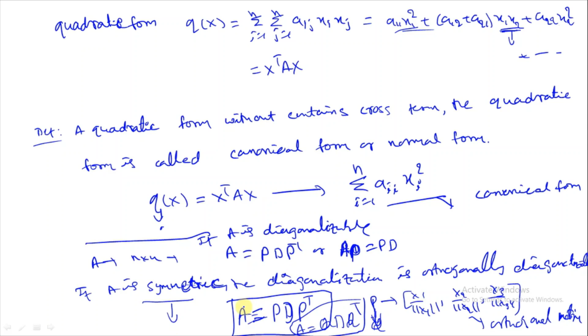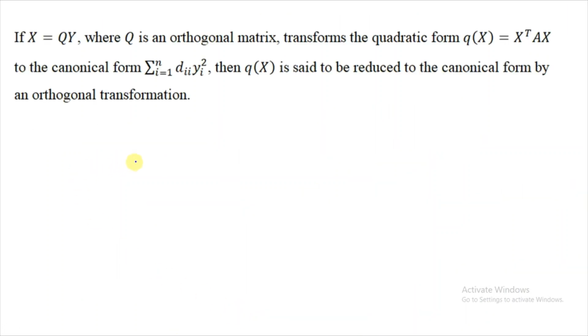Now we'll see x equal to Qy. Here Q is the orthogonal matrix. This is the transformation, this is the orthogonal transformation. X equal to Qy with Q an orthogonal matrix, this transformation is called orthogonal transformation. It transforms the quadratic form Q of x, x transpose Ax, to the canonical form.